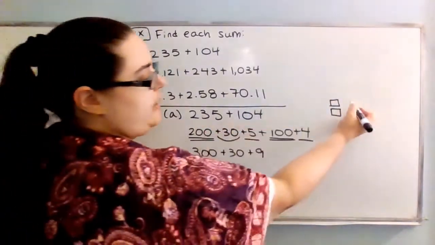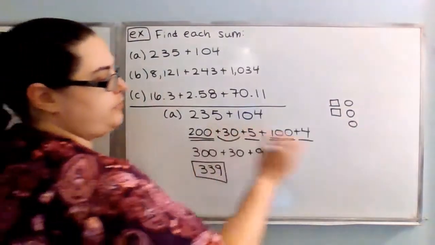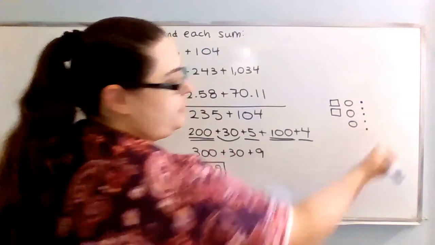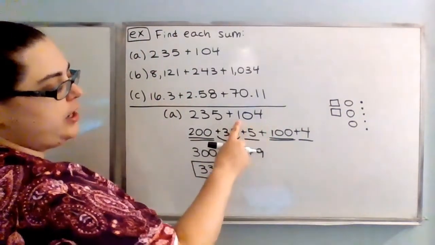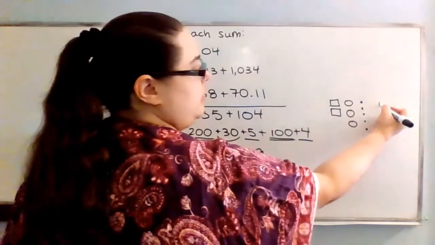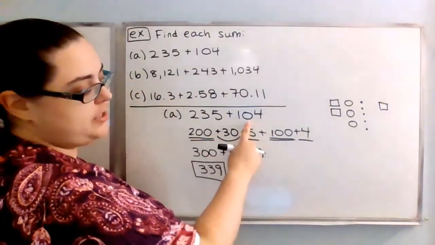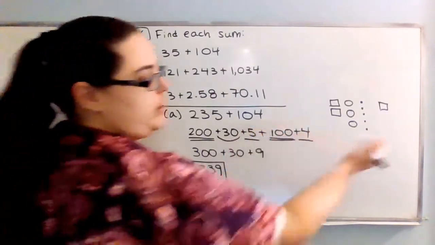For 30, I have 1, 2, 3 circles. And then for the 5, 1, 2, 3, 4, 5 dots. For 104, I have just 1 square. I don't have any circles because I don't have any in the tens place. And then I have 4 dots.